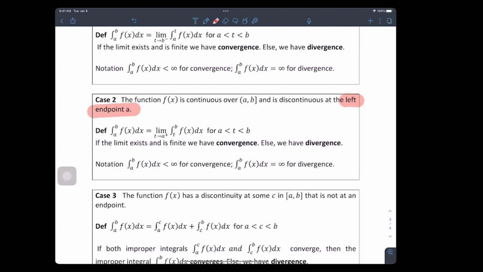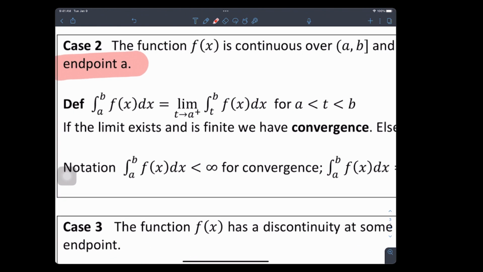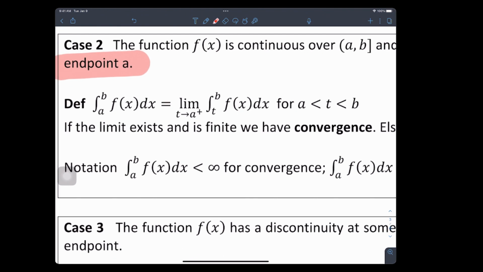Left endpoint. I called it case 2, but whatever. Function is discontinuous at the left endpoint. This here is the definition you guys use for left endpoint discontinuity. Okay, because what they're saying here is A is discontinuous. So this is how you define it.